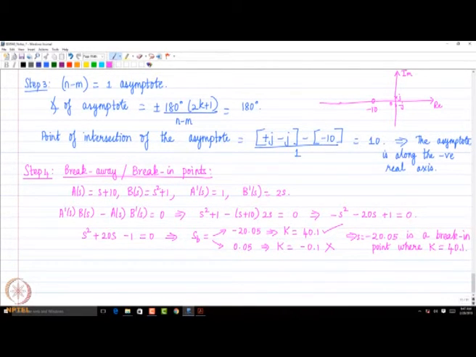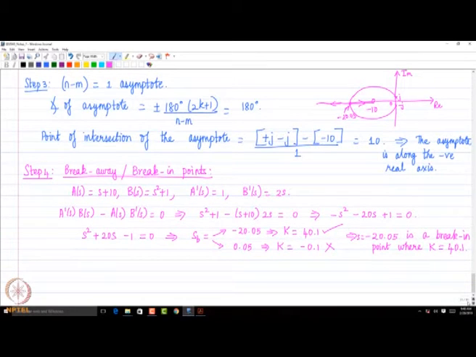You're going to have two branches which start from the two open loop poles and come and hit the negative real axis at minus 20.05, and then one branch will go like this and one branch will go like this. That's why it's called a break-in point, because it breaks into the real axis. Is it clear why that becomes a break-in point?